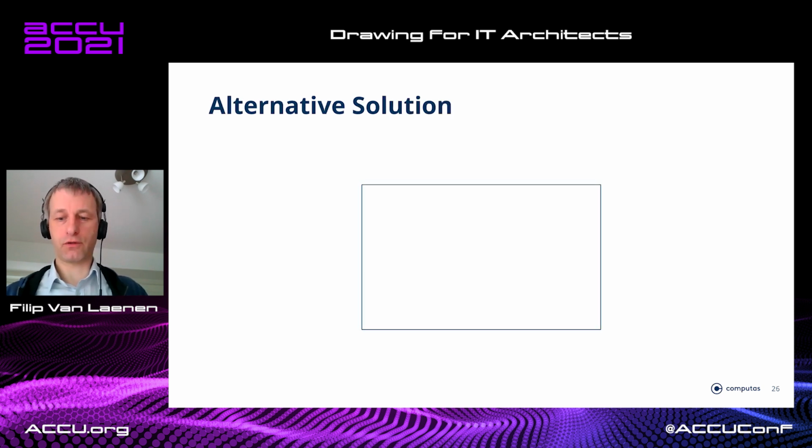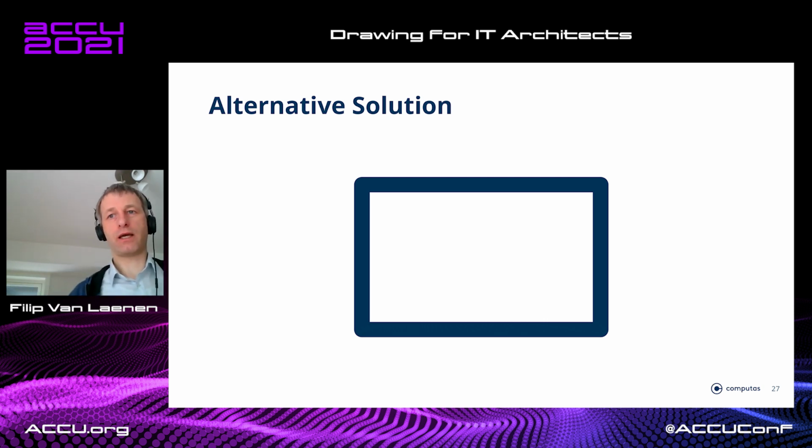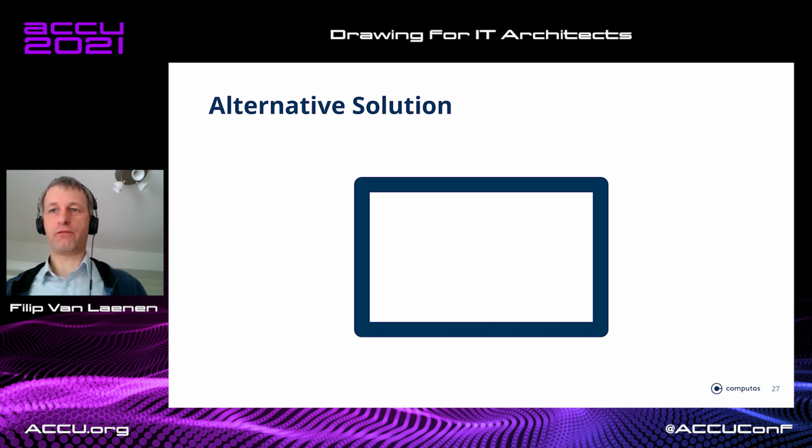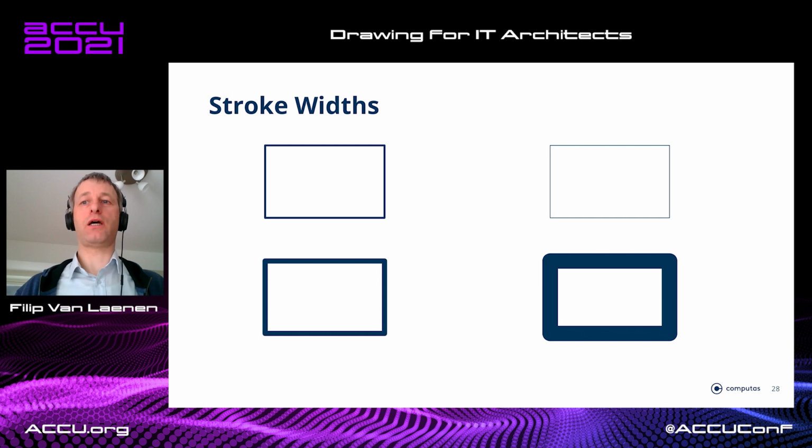And if you compare this rectangle to this one, you feel that there's something about the borders being very thin. Whereas on the other hand, if you make it this big, this is like a rectangle stating very strongly, here I am. So you have to think about the stroke width too in relation to the size of the rectangle.